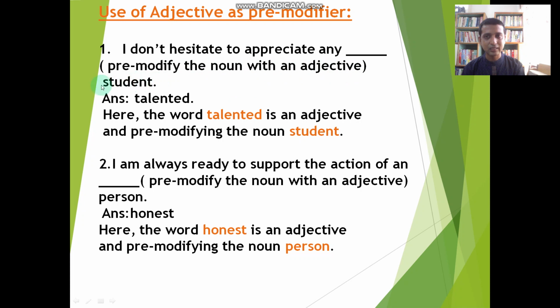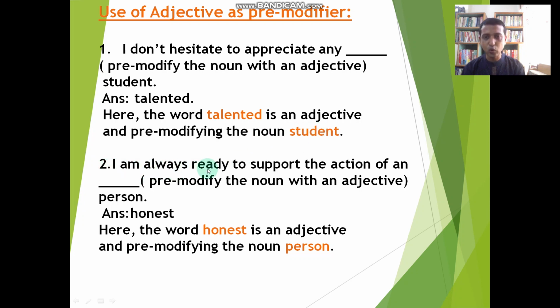It means that this is the noun, student, and this is the head word, and this head word will be modified with an adjective. What would be the answer? If we take the word talented for that gap, I think we can create a very sensible meaning of the sentence. That's why it is the correct one. Here, the word talented is an adjective and pre-modifying the noun student. I think this is very clear to you.